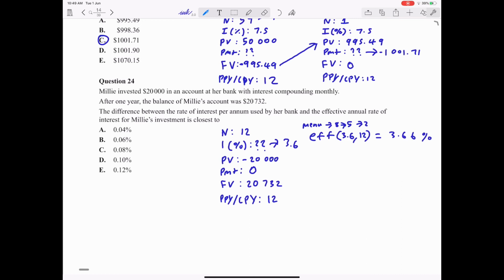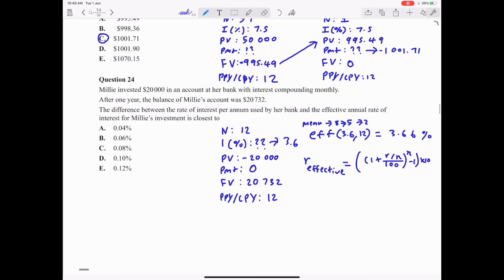If you don't have a CAS calculator, you can just use the effective interest rate formula, which is equal to, I'll just write the formula over here: 1 plus R divided by your compounding periods on 100, to the power of your compounding periods, minus 1, times 100.